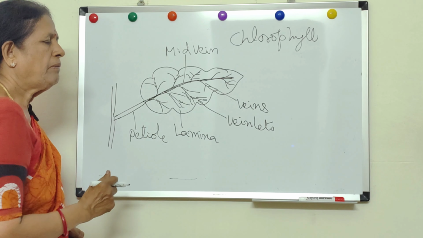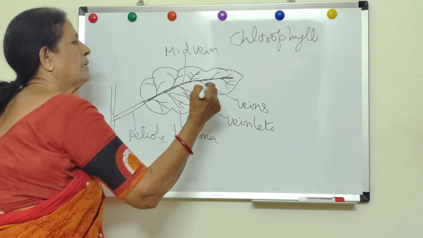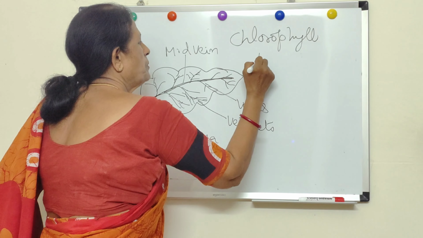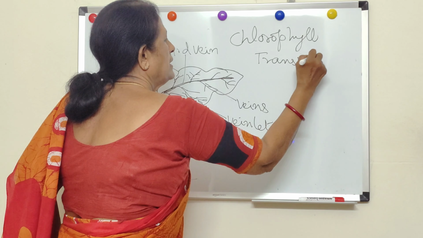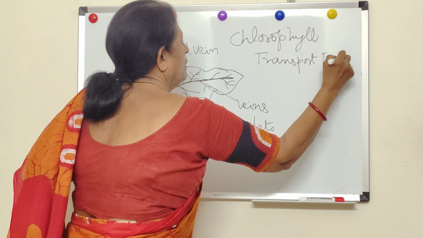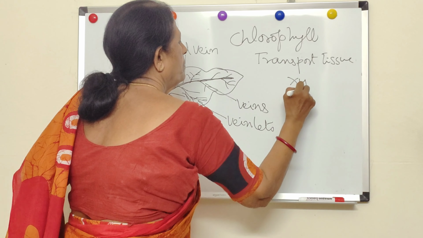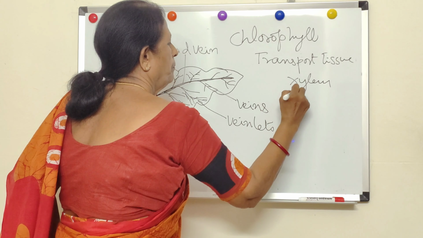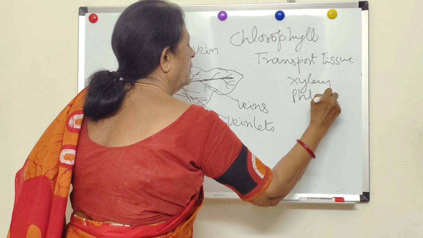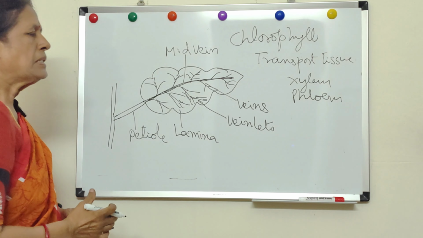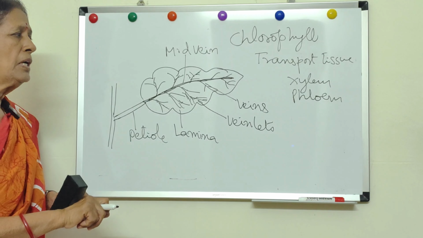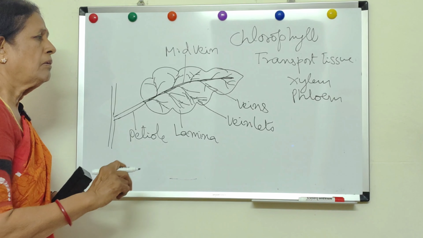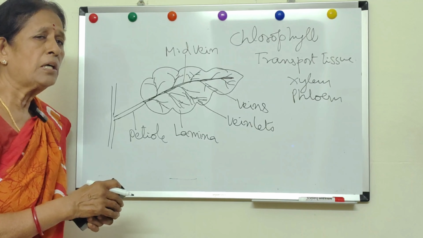The midvein, veins and veinlets contain transport tissue, which is called xylem and phloem. How do they transport, and what do they transport?